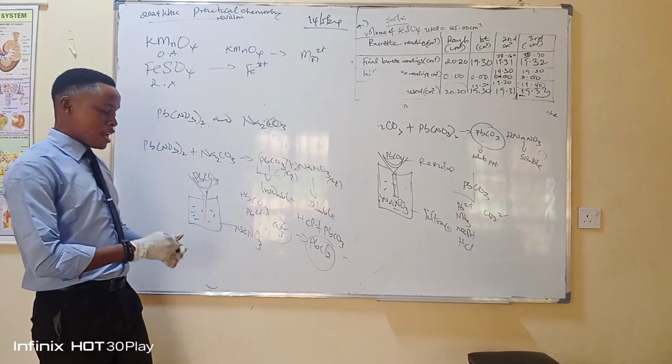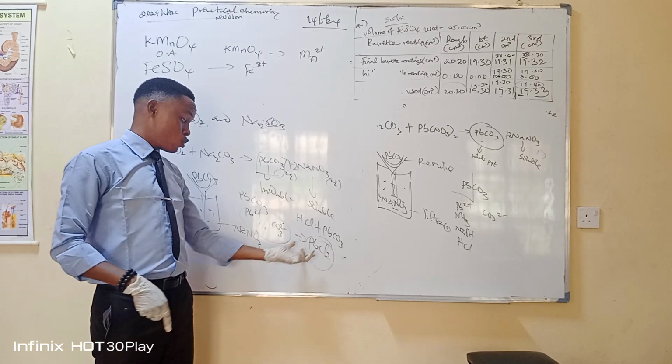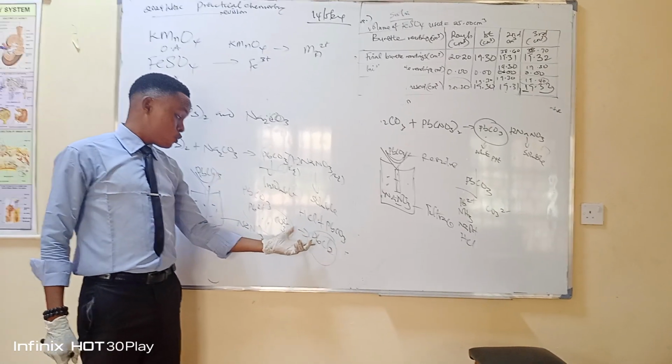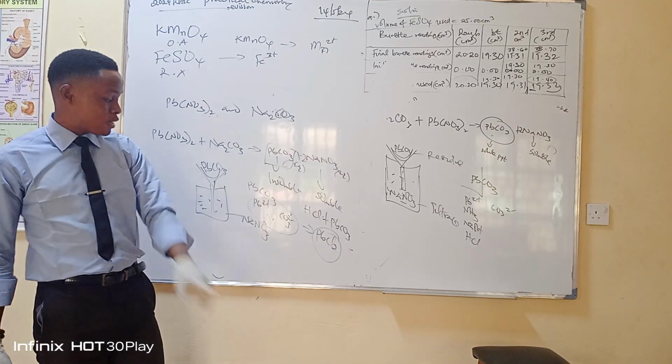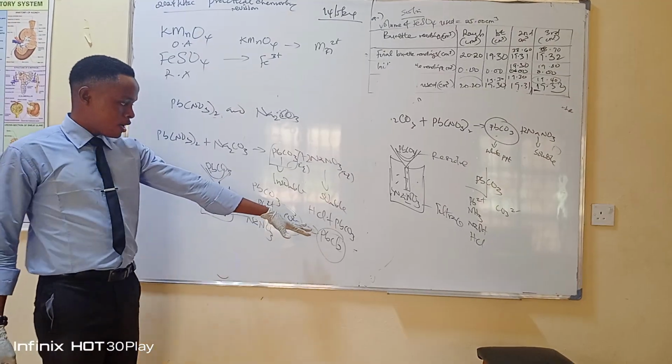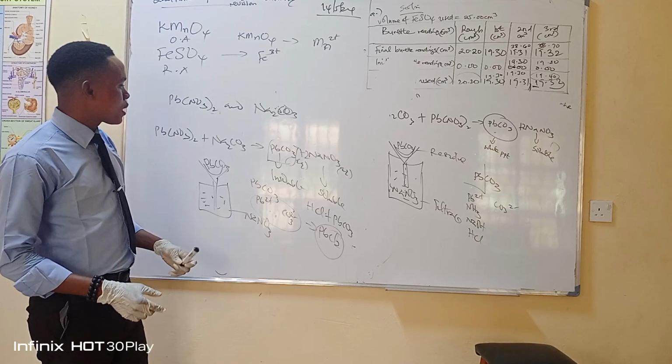But at the end of the day, they might still ask you to use HCl to see if it is actually lead that is present, so you'll be able to differentiate between lead and aluminium and calcium ions.